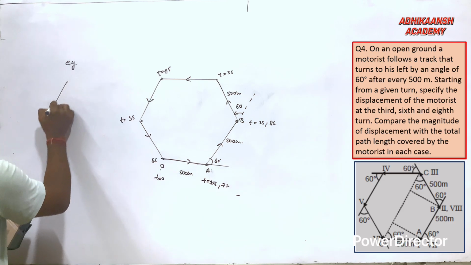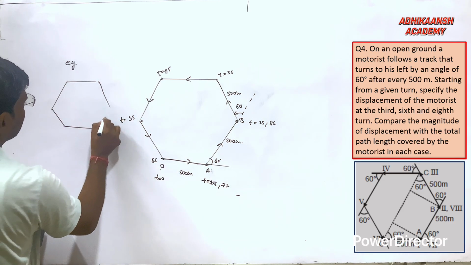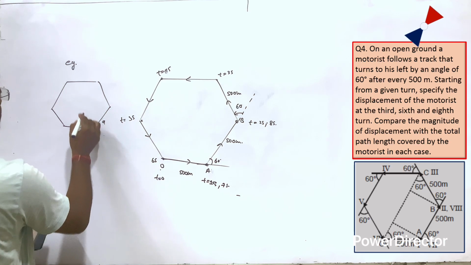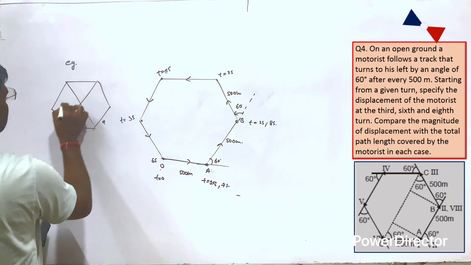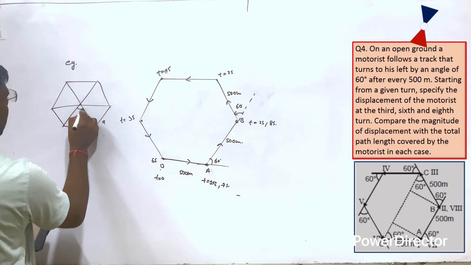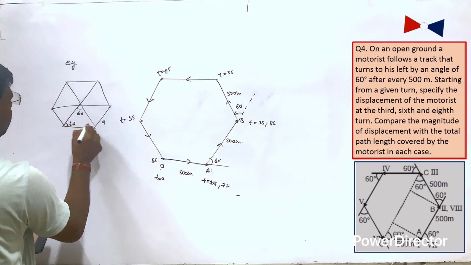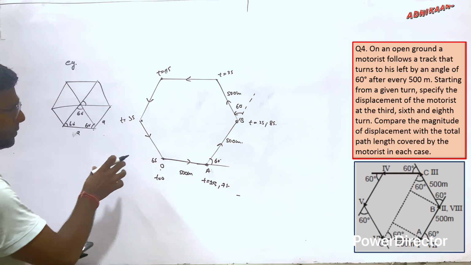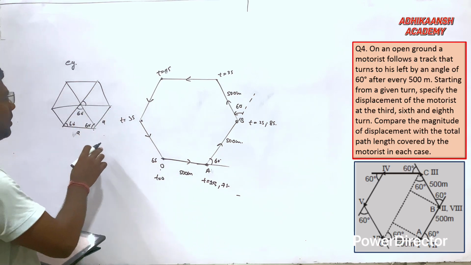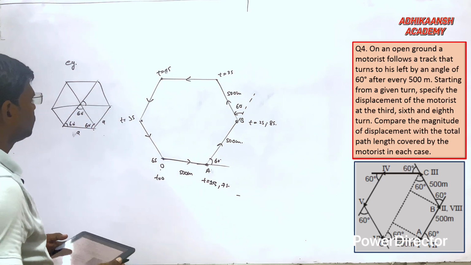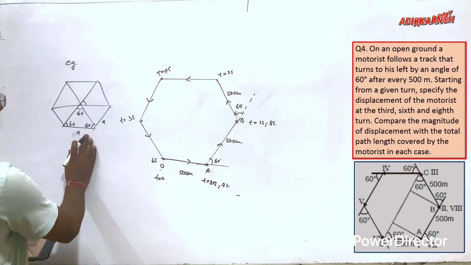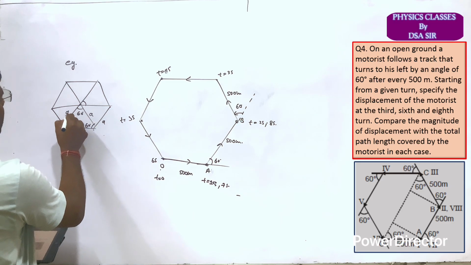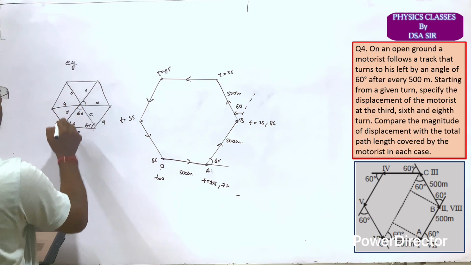Listen, one more thing. I'm giving you the concept about the hexagon. If the side of the hexagon is a, every angle of the hexagon is 60 degrees. So all the triangles you are looking at in this figure are equilateral triangles, so all the sides are a.